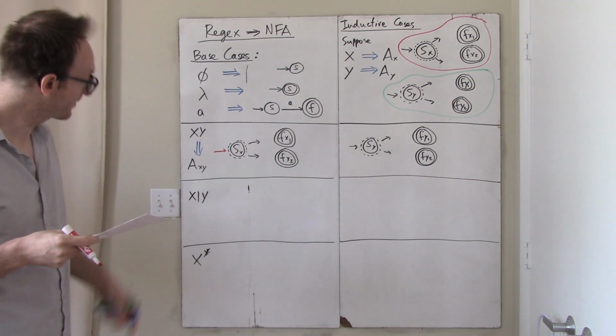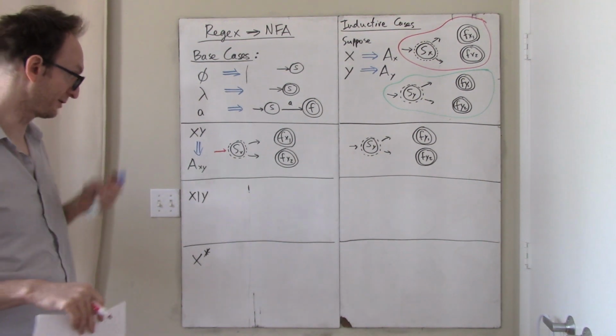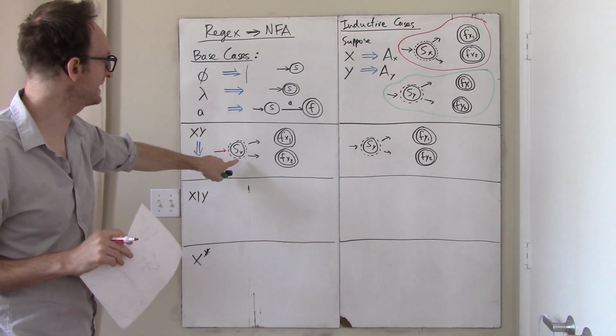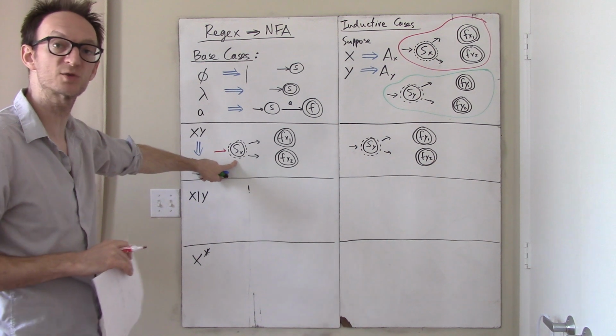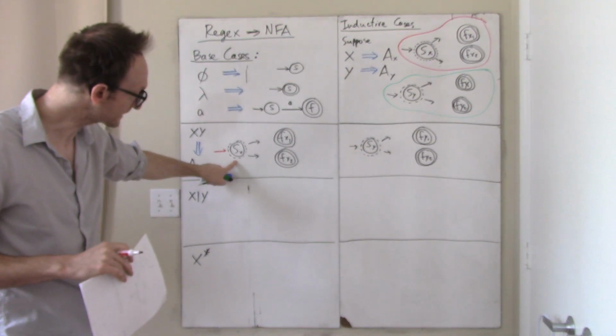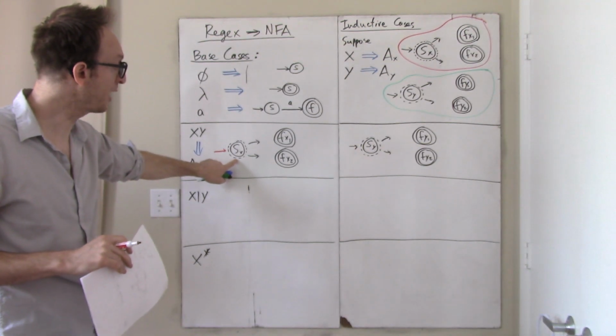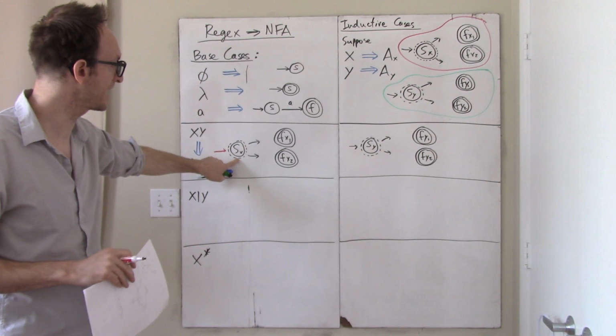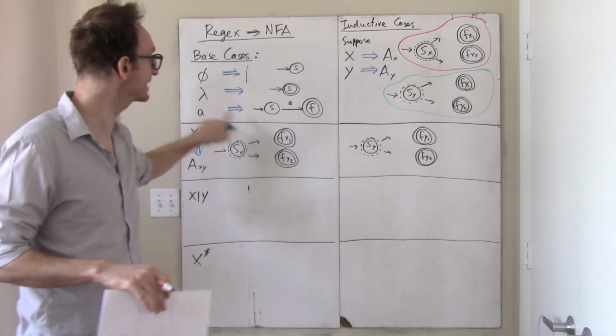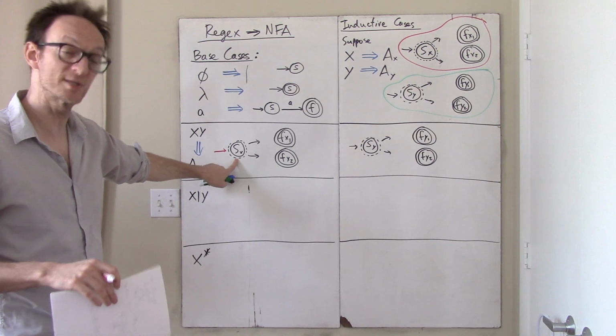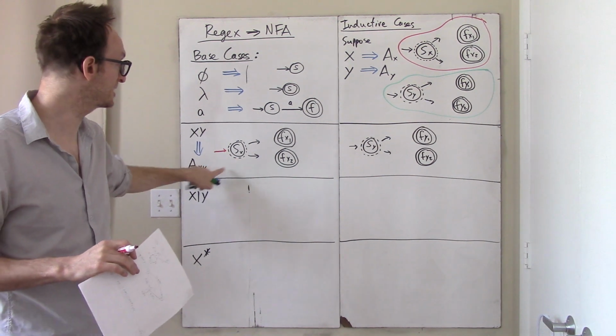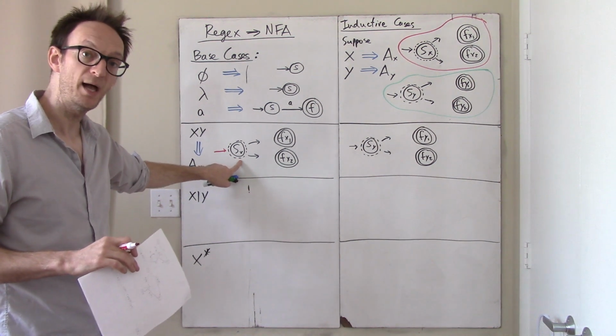Now, we have to be a little bit careful, because almost immediately we find ourselves in a strange situation where, suppose, and this is why I'm emphasizing this with this dotted concentric circle, that the start state of machine Ax is an accept state.